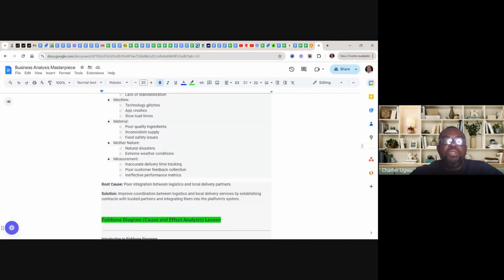So the solution is to improve coordination between logistics and local delivery service by establishing contracts with trusted partners and integrating them into the platform system.